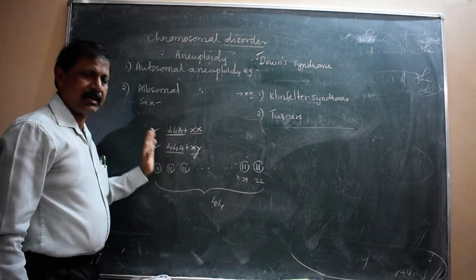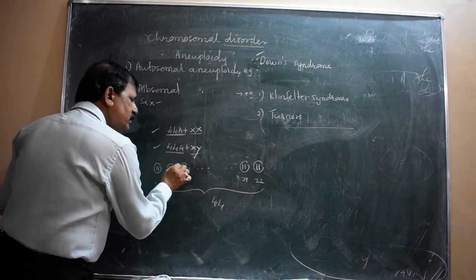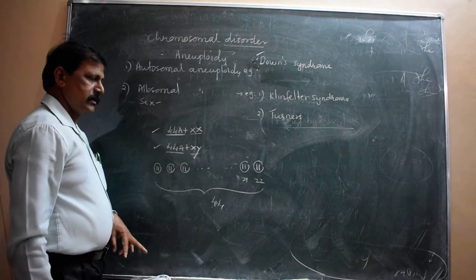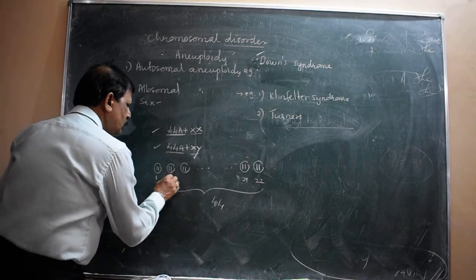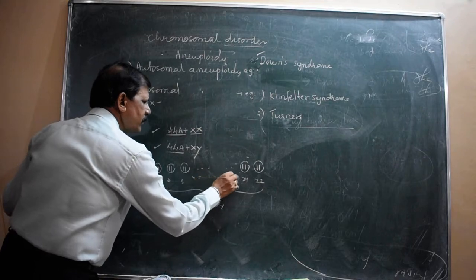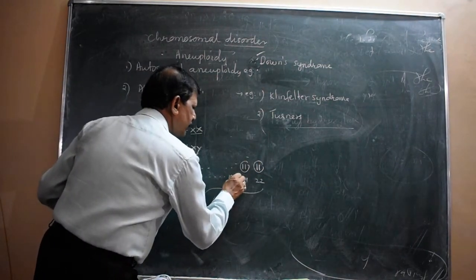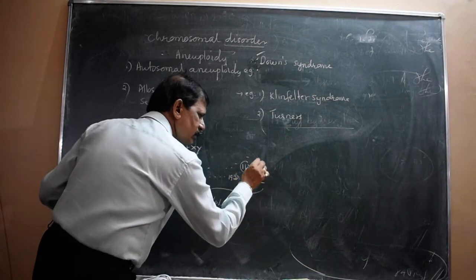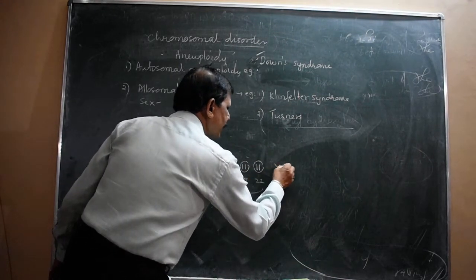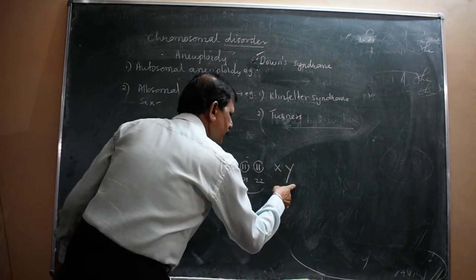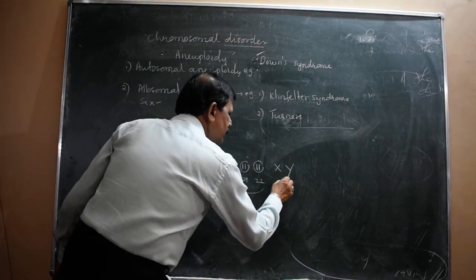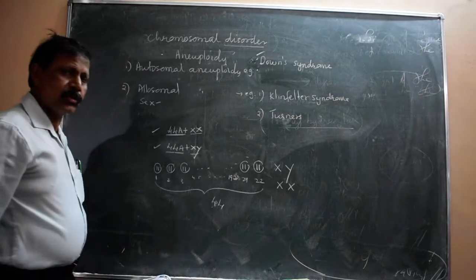In all these sets, two chromosomes are present, starting from 1, 2, 3 up to 19, 20, 21, and this is 22. And then the next one is X or Y if it is a male, or X if it is a female. I think you understood.